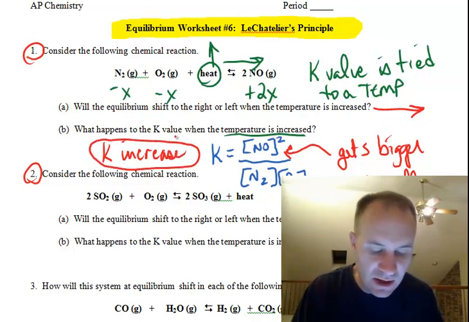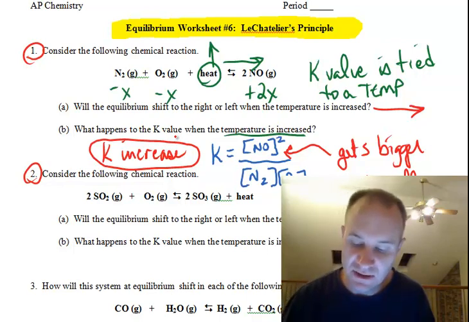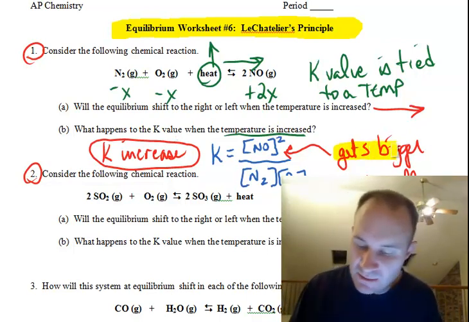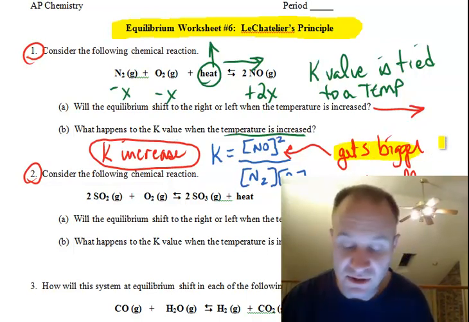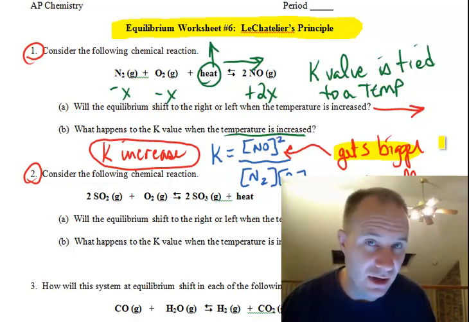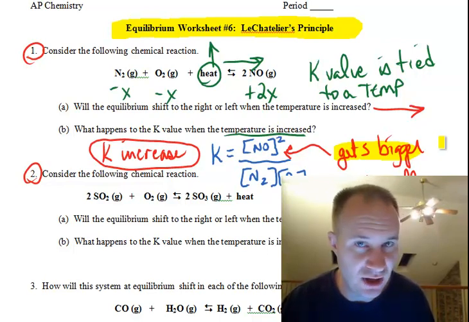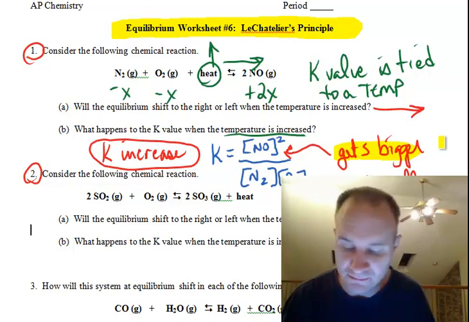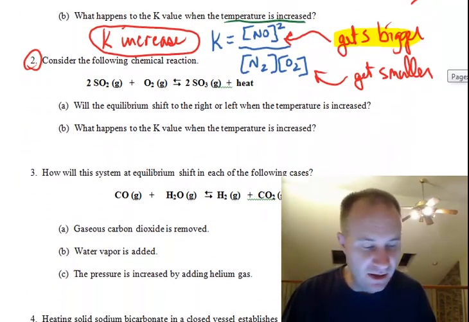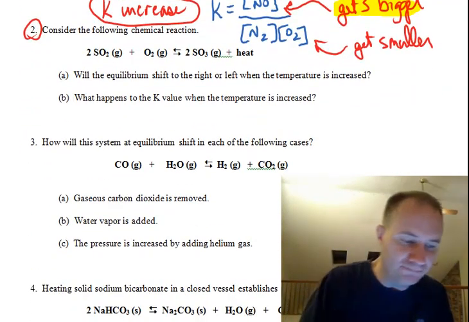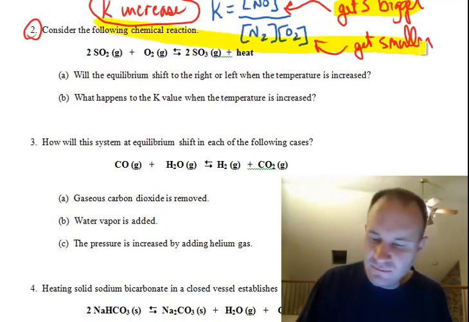Okay? The K value will increase because, again, as I'm saying here, the denominator gets larger. Or excuse me, the numerator gets larger, the denominator gets smaller. And that type of a change is going to cause the K value to go up.